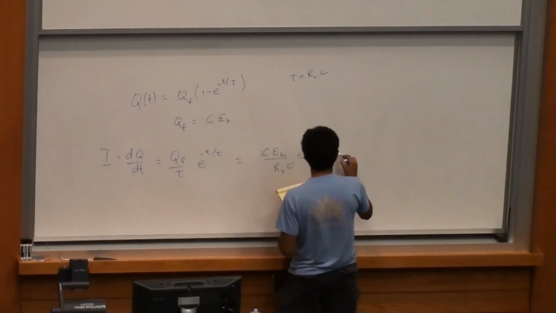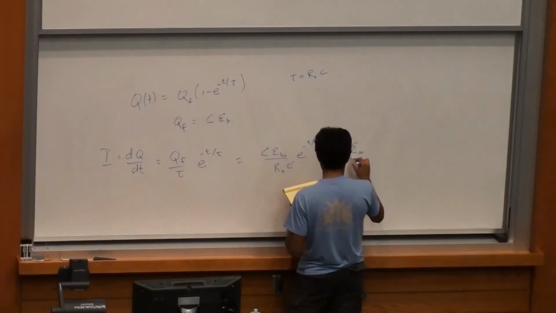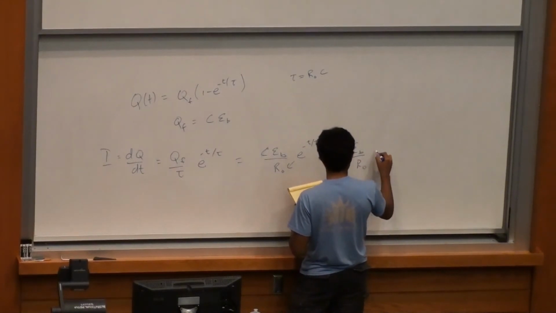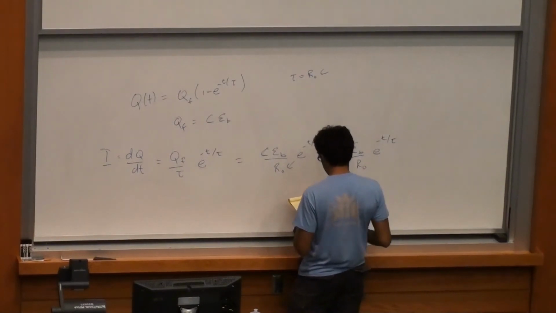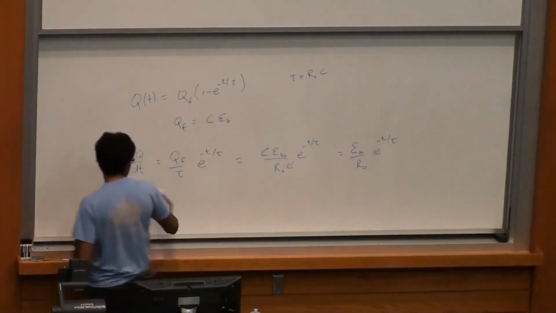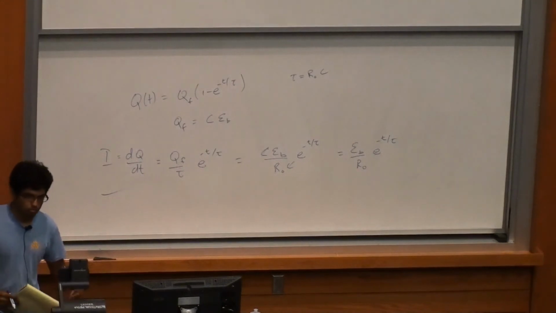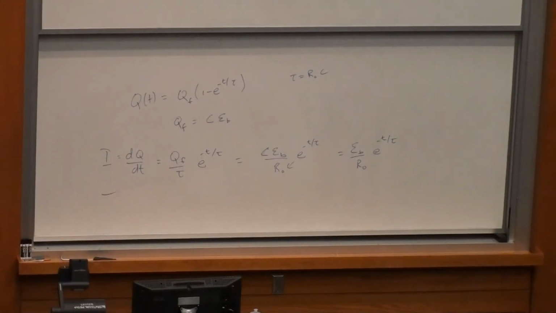Capacitances cancel out, so I get epsilon B over R naught, e to the negative t over tau. Alright, so far so good. This gives you the current as a function of time for the charging capacitor.